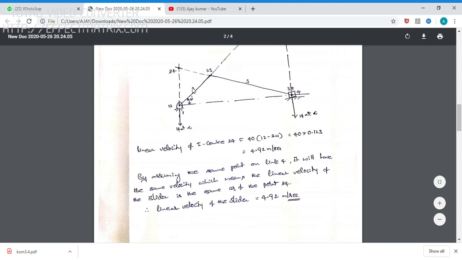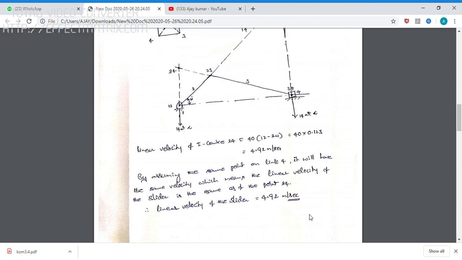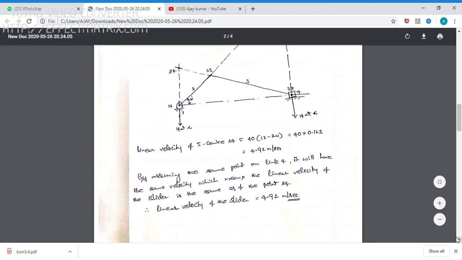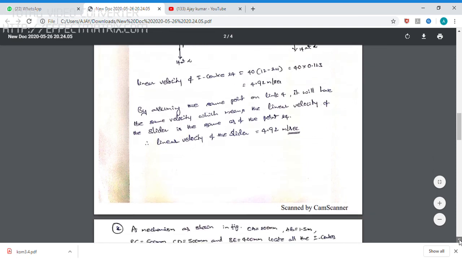Obviously, this slider will have the same velocity, so there is no need to calculate once again. So the linear velocity of the slider is 4.92 meter per second. Okay. Next, we will move to another problem.